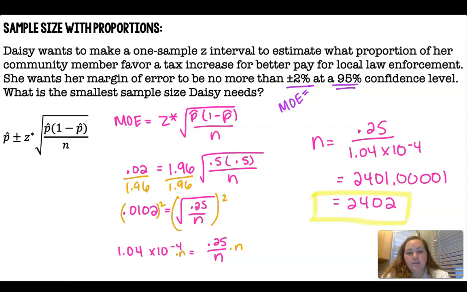But there are different algebraic approaches you could take to get n by itself, and we get 2,401.00001. If there's anything more, even a tiny fraction, you're always going to round up, okay? So the minimum sample size that we would need would be 2,402.